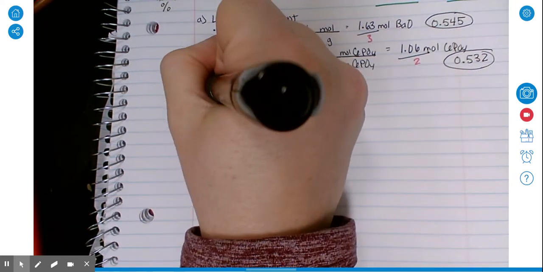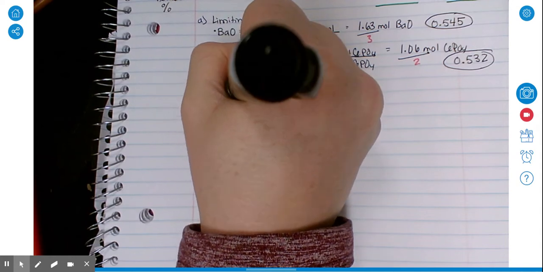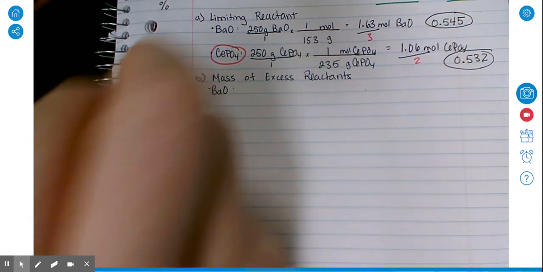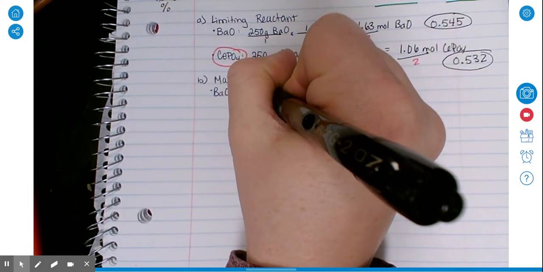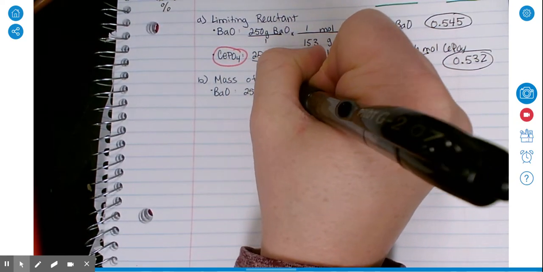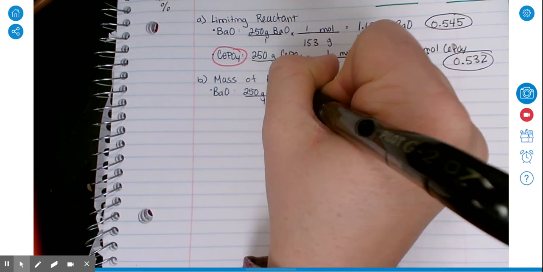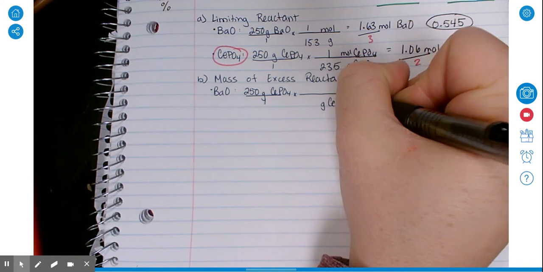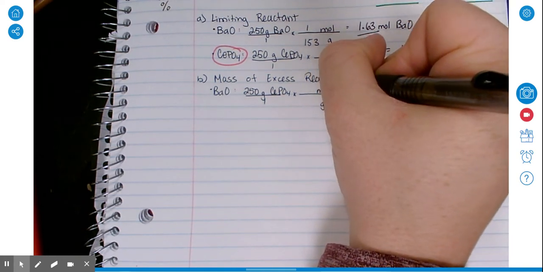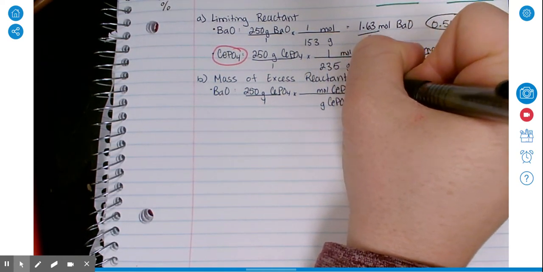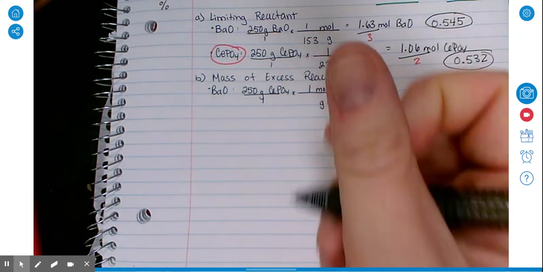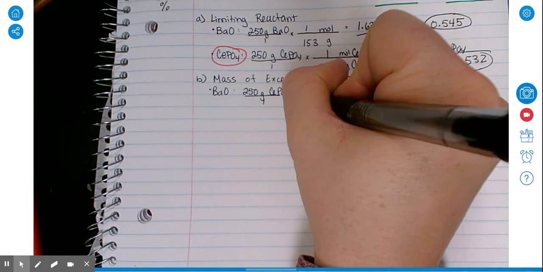Our excess reactant is BaO, barium oxide. And we are going to use our limiting reactant. So I start with 250 grams of the CePO4. From grams of CePO4 to moles of CePO4, 1 mole contains 235 grams.